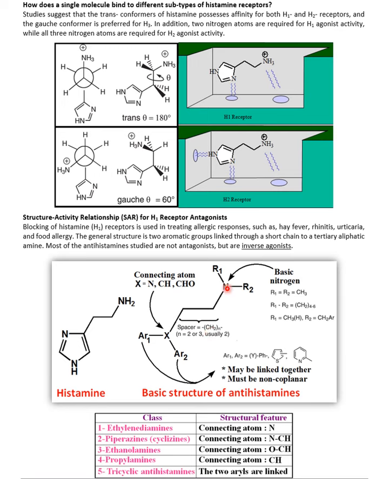And then finally you have the basic nitrogen, which contains 2 alkyl groups. The alkyl groups could be methyl, or they could be an alkyl group of the length 4 to 6, or, for example, one of them could be a methyl, the other one could be benzyl, which is aromatic with CH2.